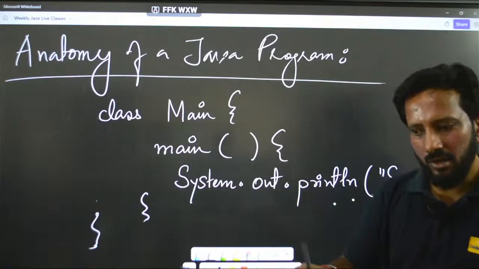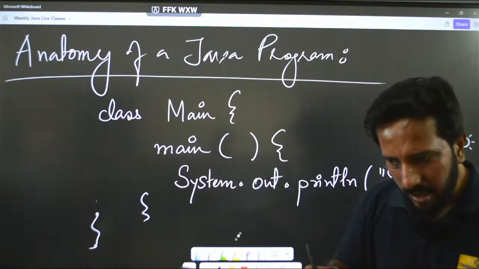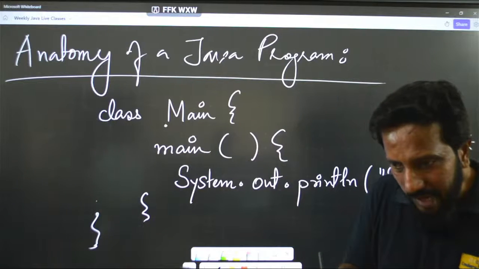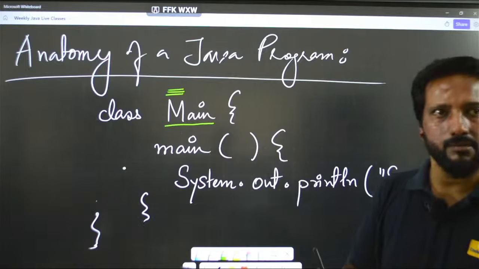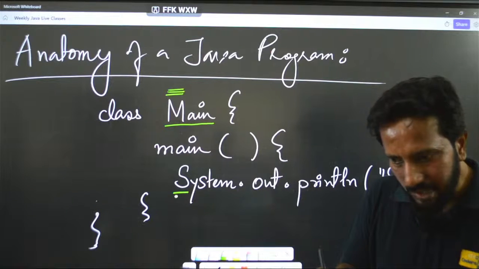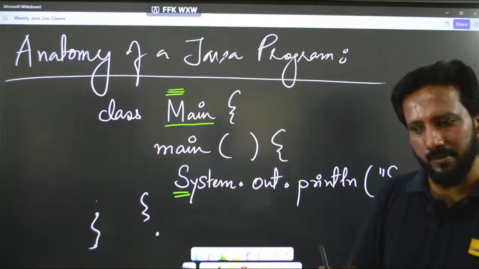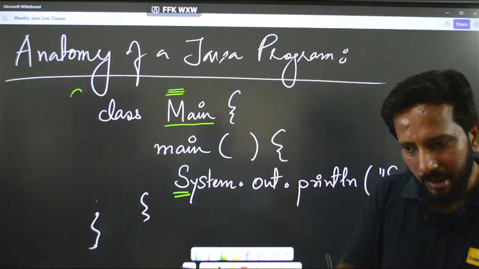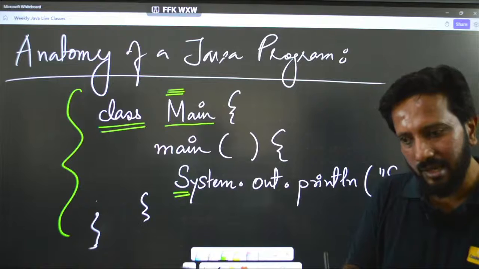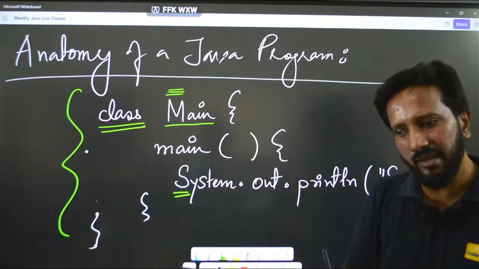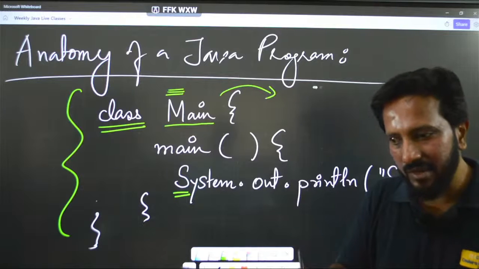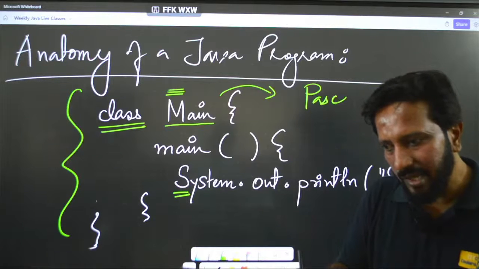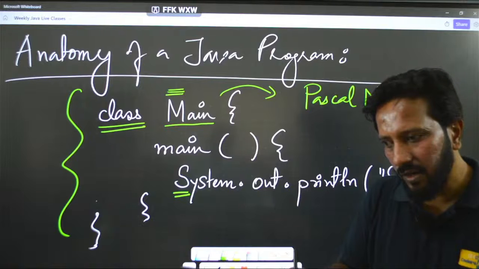So you just try to understand this. Whenever we have the name of a class, the first letter should be capital. Here also System is a class, so the first letter is capital. Everything in Java will be wrapped inside a class, and we use the class keyword. And as I said, all the classes follow a naming convention called the Pascal naming convention.